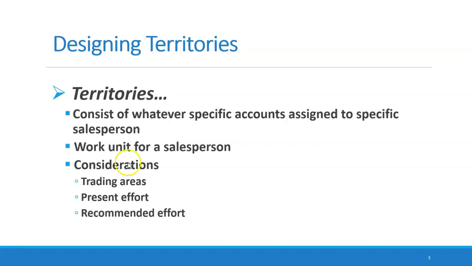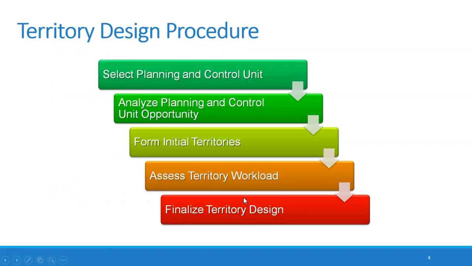So what are the actual steps in territory design? One, you have to select your control unit. Sorry, actually, I'm going to go on to the next slide because it explains better.